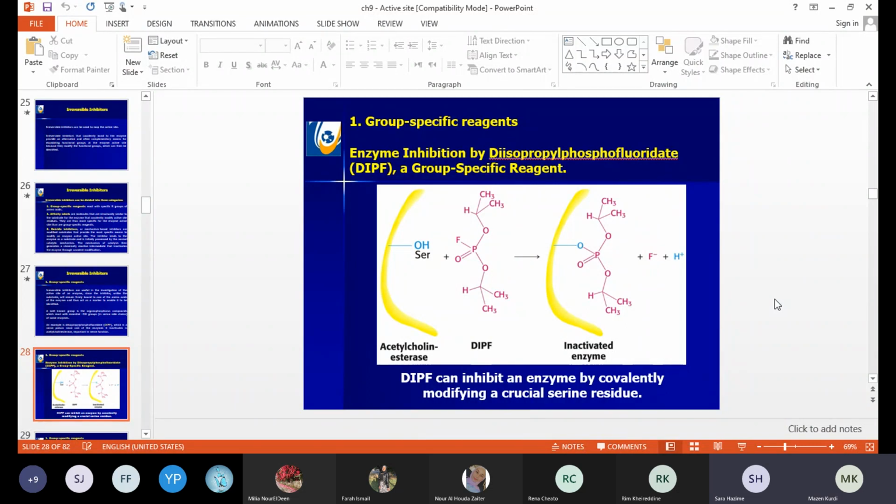So once you add this molecule to an enzyme that has a serine residue with an OH group, DIPF, or DFP, you will find it with two abbreviations, will react directly with the hydroxy group of the serine to form an inactive enzyme. In this case, DIPF inhibits the enzyme by covalently modifying a crucial serine residue present in the active site. And so we have an inactive enzyme.